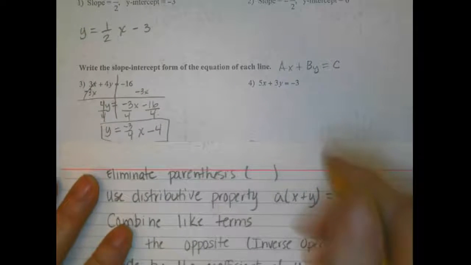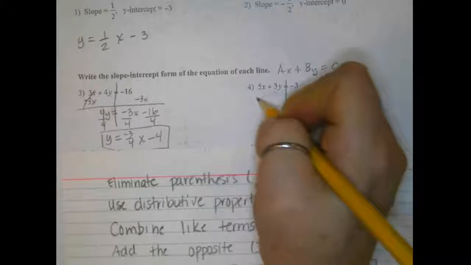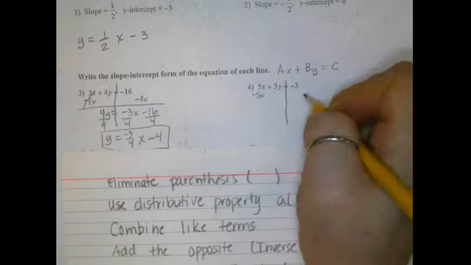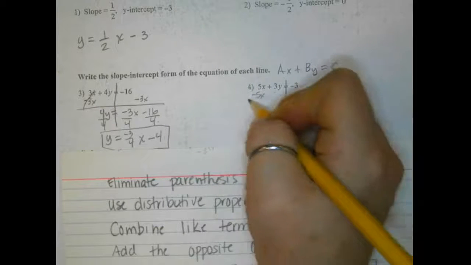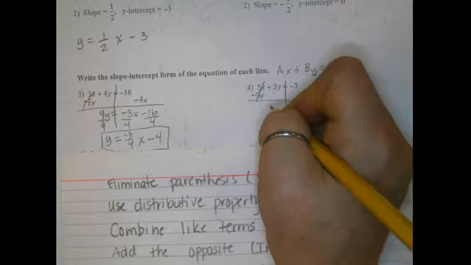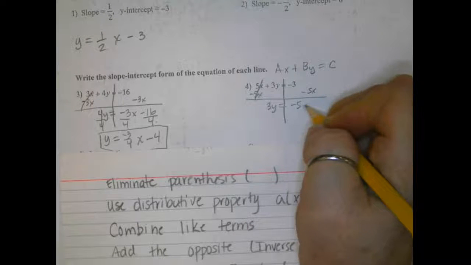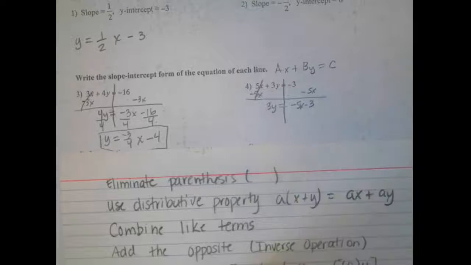Right? Following my steps, I want to move this 5x, right? So you should have subtracted 5x from both sides. You guys do that? Thumbs up. Good. That becomes a 0. So I bring down my 3y. I'm going to use my 5x before my -3. Right?